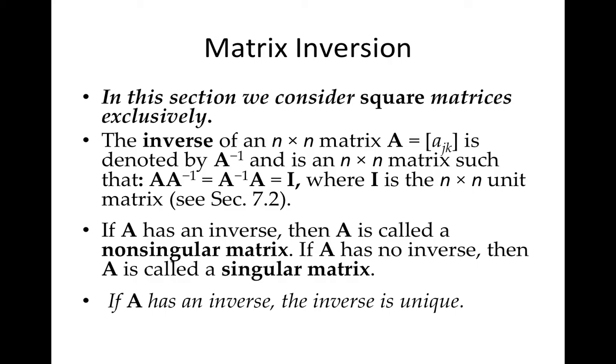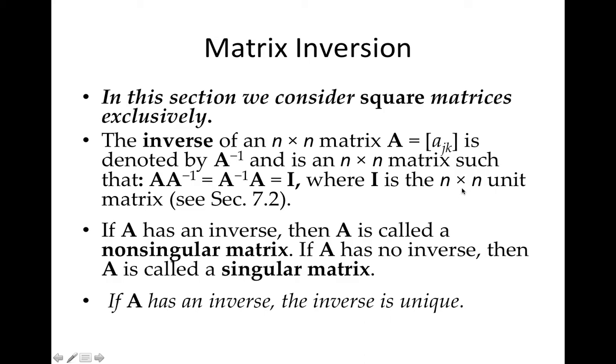Basically, the inverse of an n by n matrix A is denoted by A to the minus 1, and it's also an n by n matrix. The definition is that if you take A times A to the minus 1, or A to the minus 1 times A, you'll get I, the identity matrix. If you remember, the identity matrix is also referred to as a unit matrix.